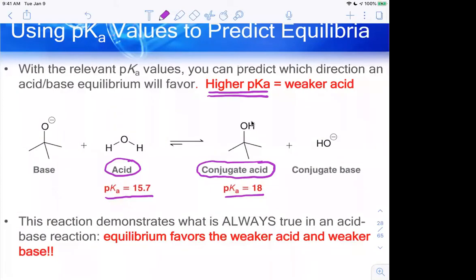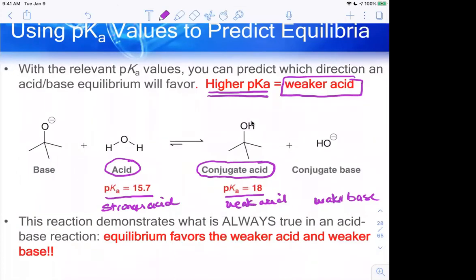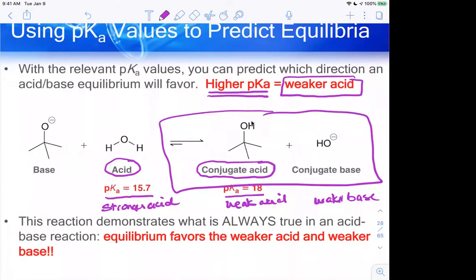Now remember, the higher pKa is the weaker acid. So this is the weak acid, and this is the stronger acid. Remember, the stronger acid gives us the weaker base. So this is also the weaker base. So this side is the weak side.